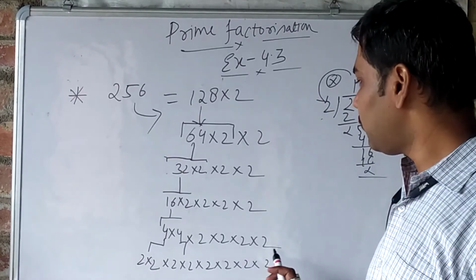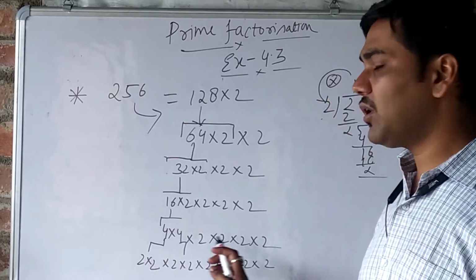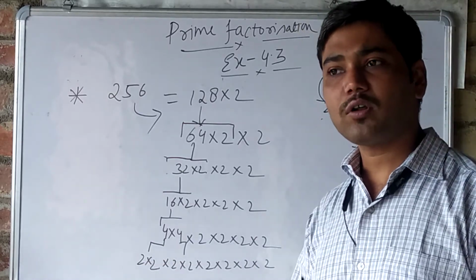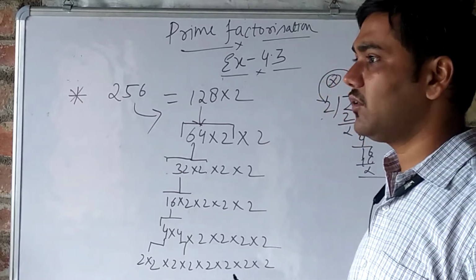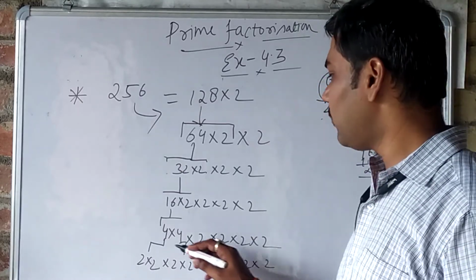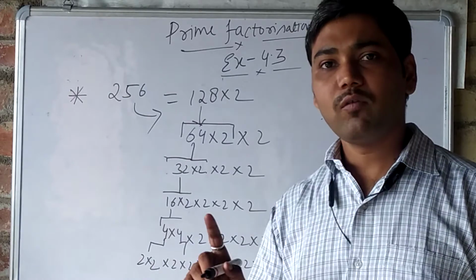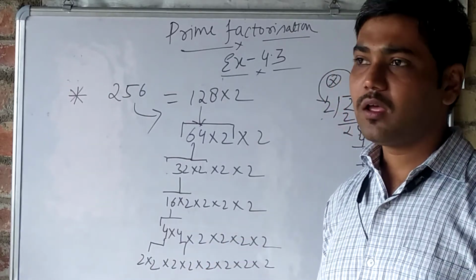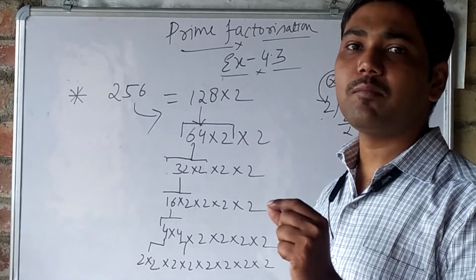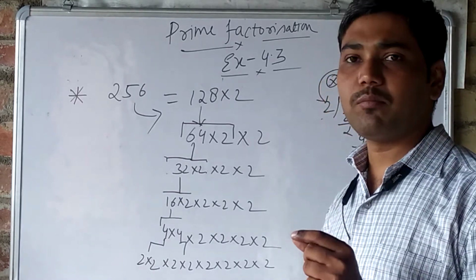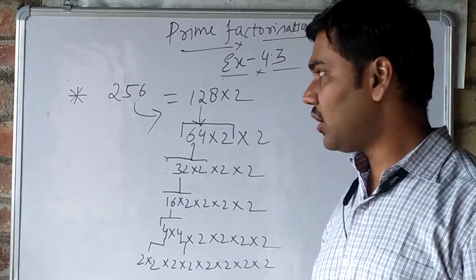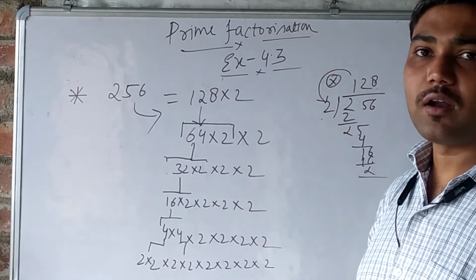Unless we reach prime numbers, we have not completed the solution. The answer will always be in the form of prime numbers only. If we have any number which is not a prime number, that means we have not completed the solution. This is prime factorization.